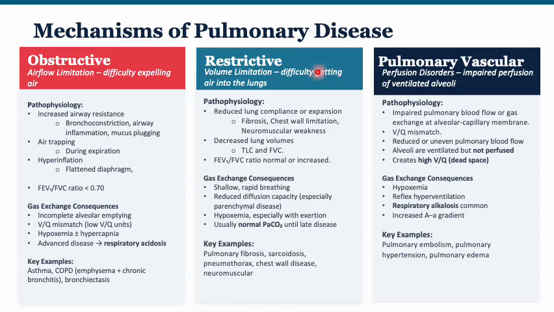The FEV1 to FVC ratio is normal or increased. How does this affect gas exchange? There can be shallow and rapid breathing, reduced diffusion capacity, especially in the parenchymal disease, hypoxemia, especially with exertion, usually a normal partial pressure of carbon dioxide until late disease. Again, some examples include pulmonary fibrosis, sarcoidosis, pneumothorax, chest wall disease, or some type of neuromuscular disorder.